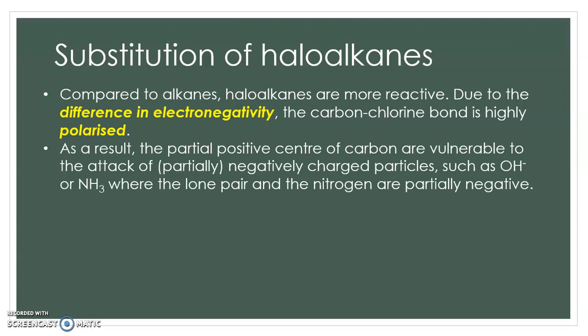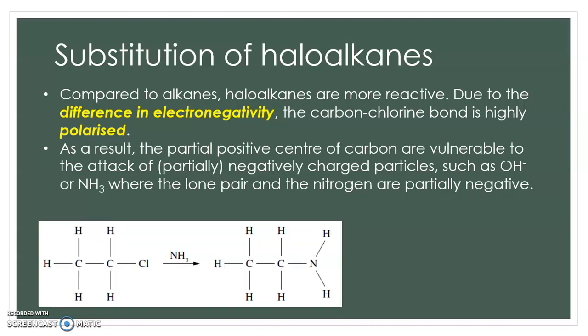As a result, the partial positive center of carbon is vulnerable to the attack of partially or completely negatively charged particles, such as hydroxide or even just ammonia, where the lone pair on the nitrogen is partially negative.